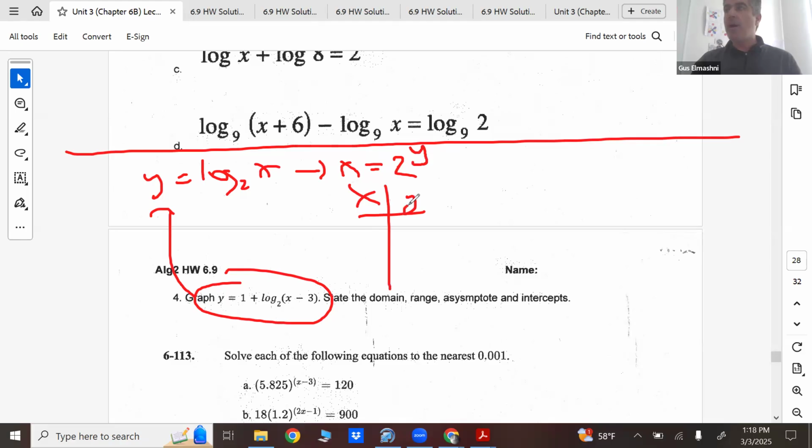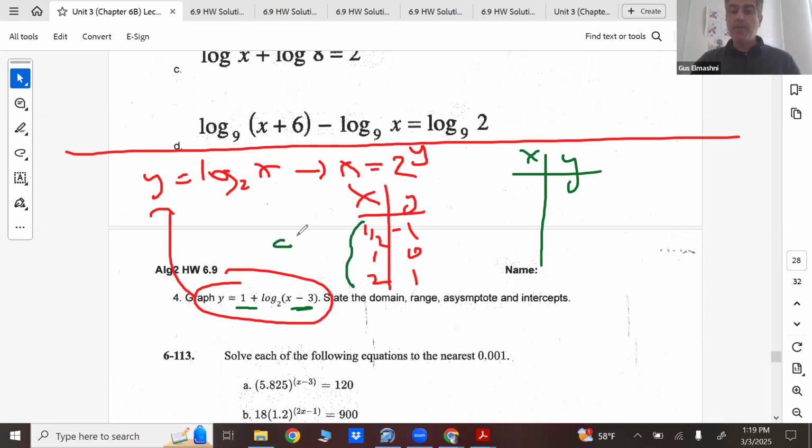What are good values of plugging for y when you have the parent function? What do you usually use? Good, excellent. So you get 1/2, 1, and 2. Now, what are the transformations? If you have a -3 on the inside and a +1 on the outside, how am I going to change the x values?